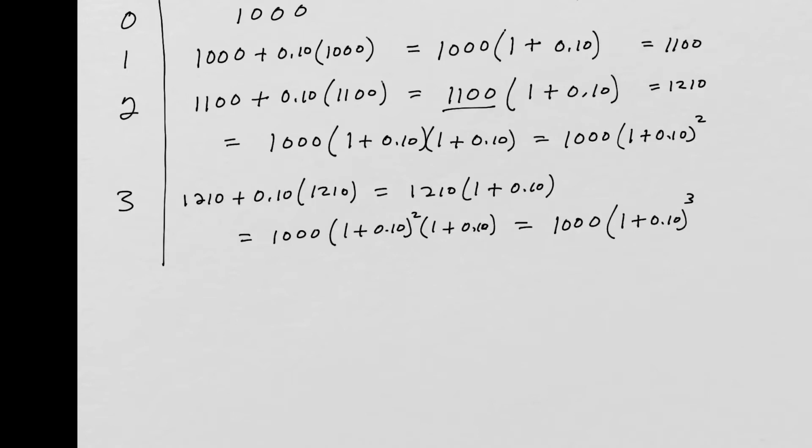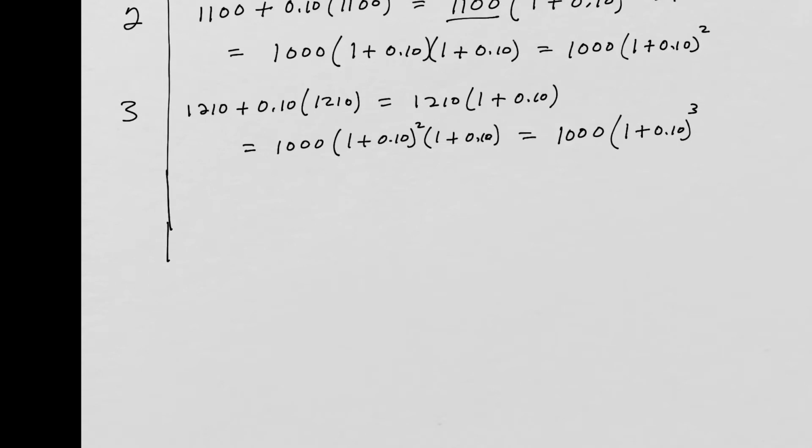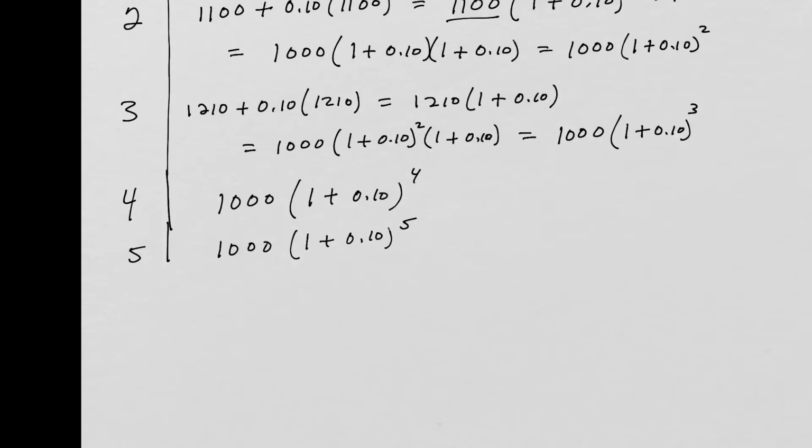And so on. And you can guess, right, that if we keep going, so year 4, you could probably guess this by looking at the pattern here. Year 4 is going to be 1,000 times 1 plus 0.10 to the 4th. And in the 5th year, it'll be 1,000 times 1 plus 0.10 to the 5th, and so on.